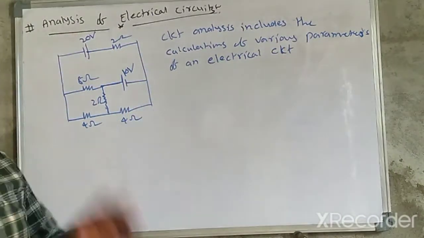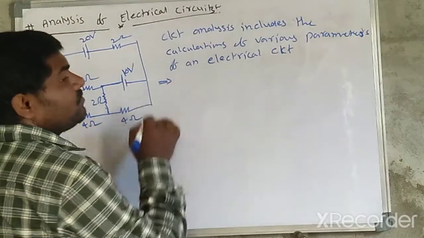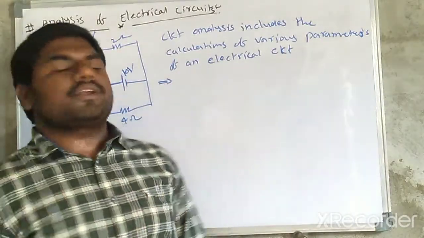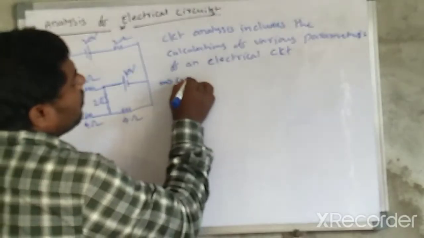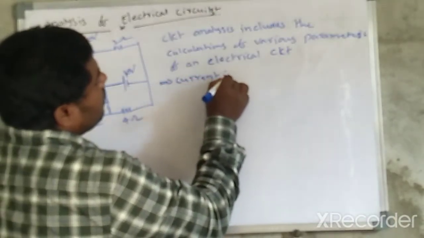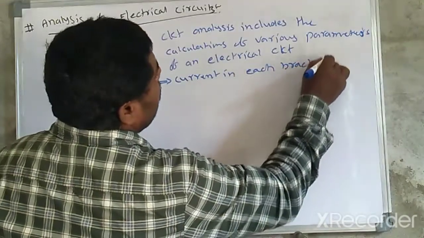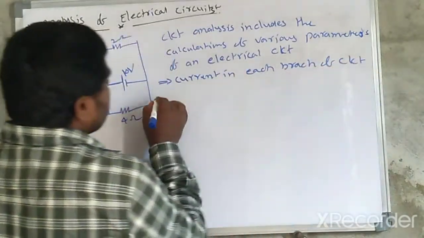Here mainly three points. The first one is the current in each branch of the circuit.